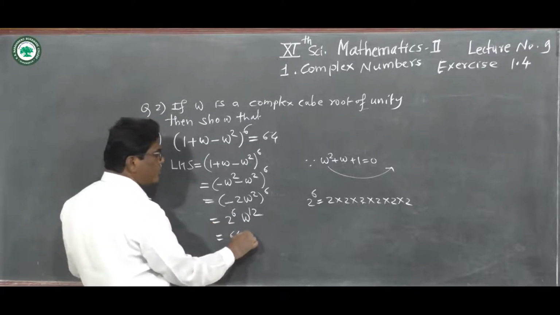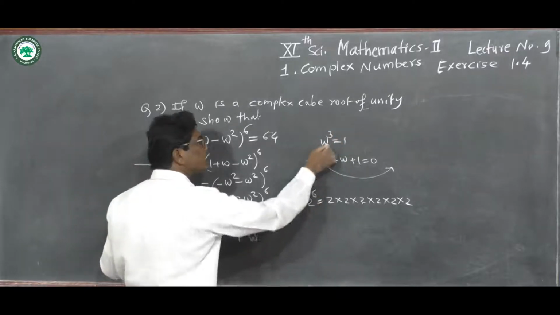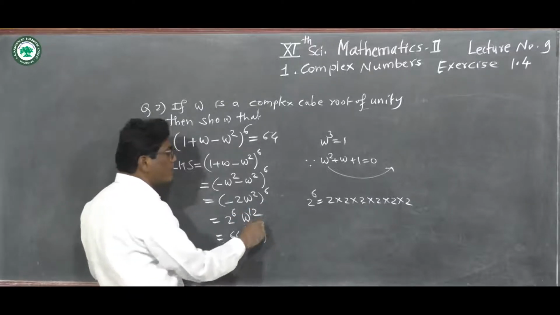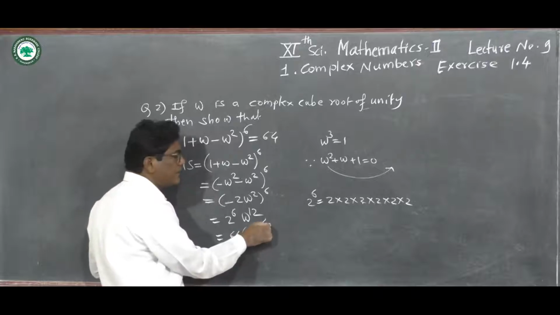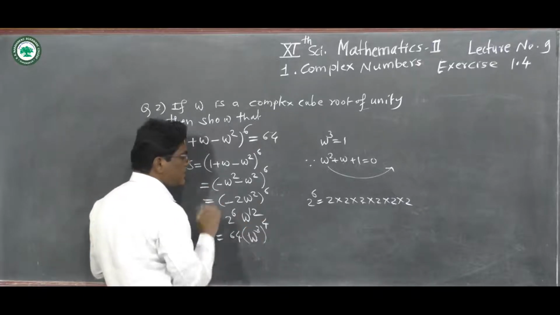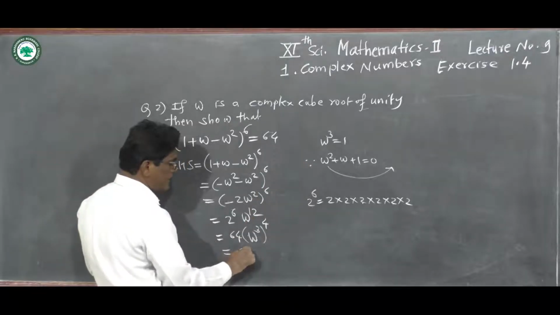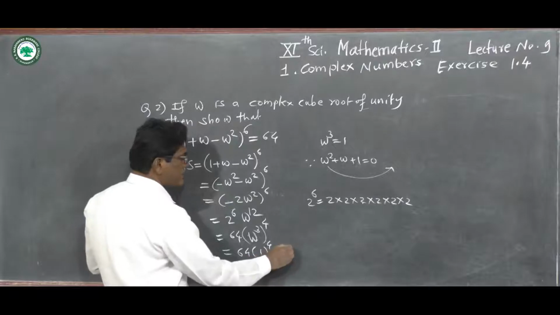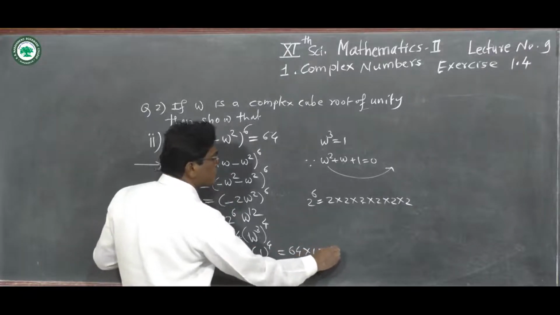Now we write omega to the power 12 as, we know omega cube is 1. So firstly write omega cube, and then 3 4s are 12. We divide that 12 by 3 and write that number. So 3 4s are 12. Again omega cube is 1. So we put here 64 into 1 to the power 4. 64 into 1 to the power 4 means 64.